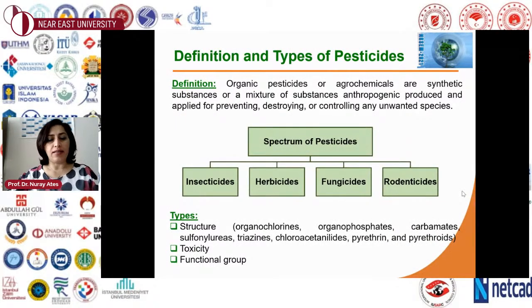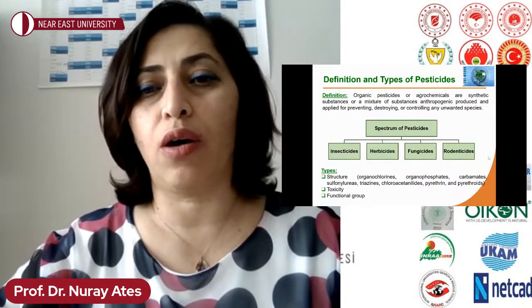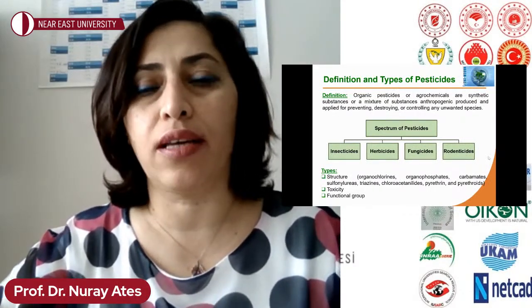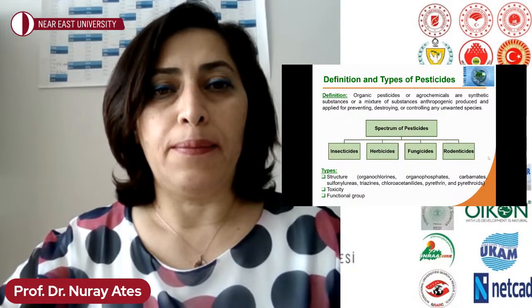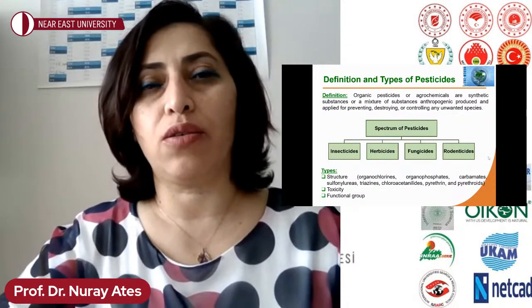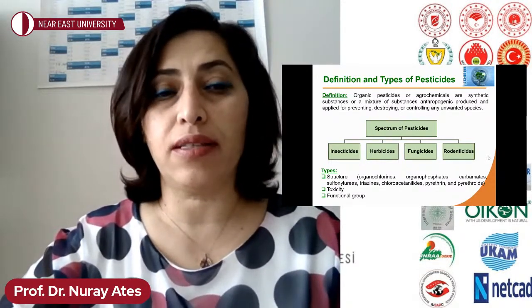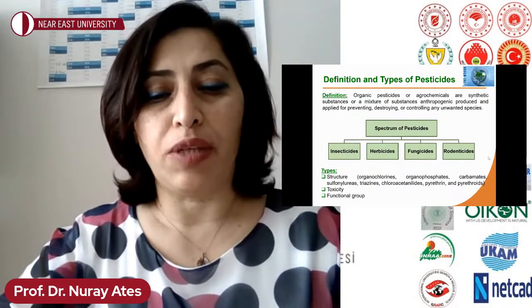Pesticides are defined as a broad spectrum of chemical organic mixtures applied to prevent, destroy, and also control any unwanted species in the world. Pesticides can be characterized based on their chemical structure, toxicity level, or target application.